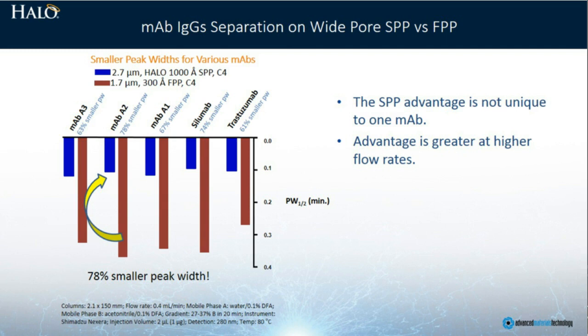So there is an advantage to the use of a superficially porous particle with large pore size. It is across all of the monoclonal antibodies that we've looked at. The advantage is in fact greater as you increase the flow rate. That is, the C-term effect now comes into play.